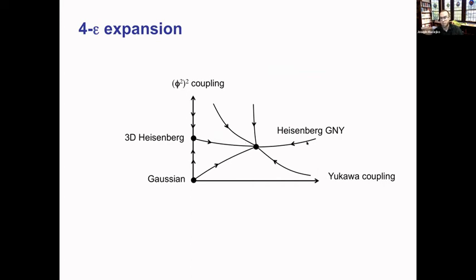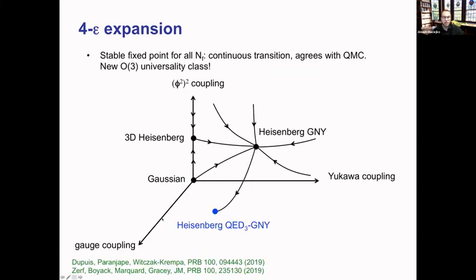That is the same universality class as the semimetal to antiferromagnetic insulator transition in graphene. But then finally, if we turn on the gauge coupling, then this Heisenberg Gross-Neveu universality class is further destabilized in favor of a new O(3) universality class, which we dub the Heisenberg QED3-GNY universality class, where we have non-zero couplings for all three: the scalar self-interaction, the Yukawa coupling, and the gauge coupling.